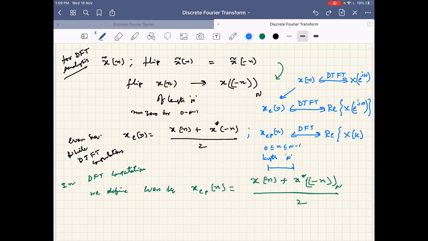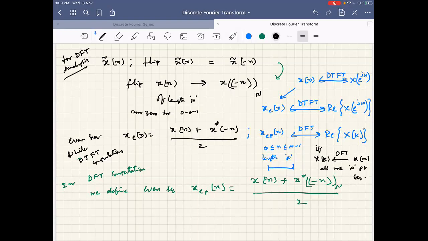X of k is the discrete Fourier transform of x of n. All of these are N point sequences. Please note that all are N point sequences.